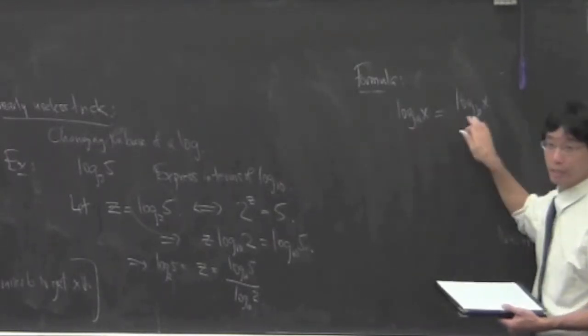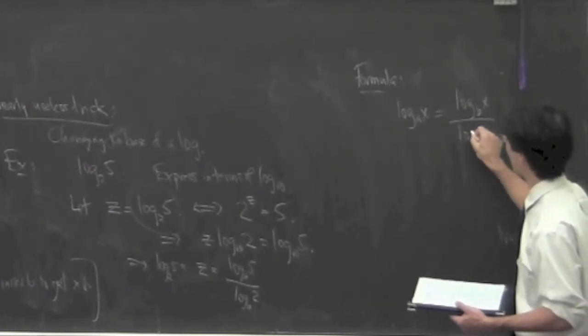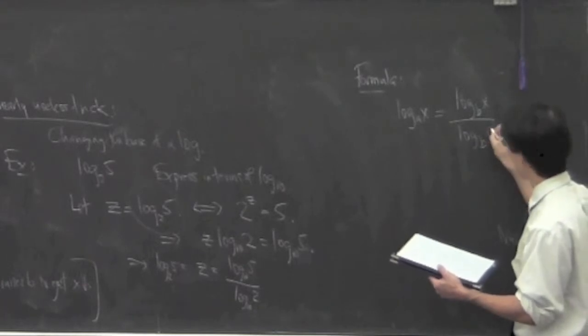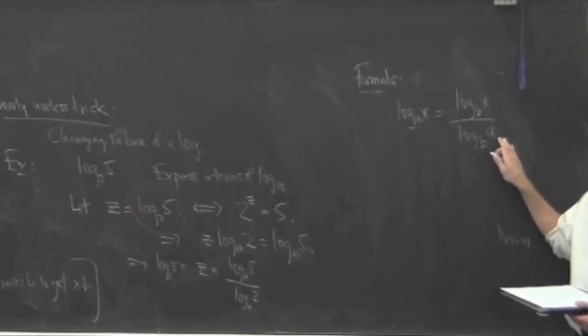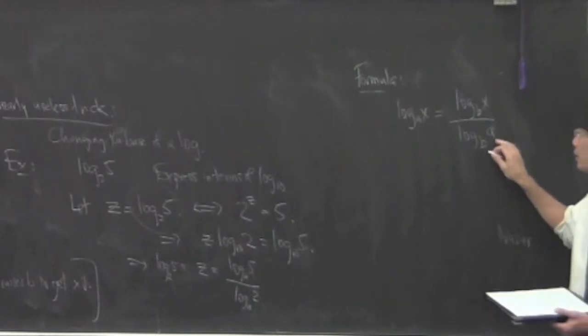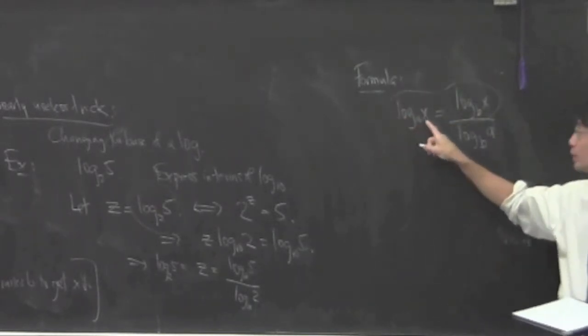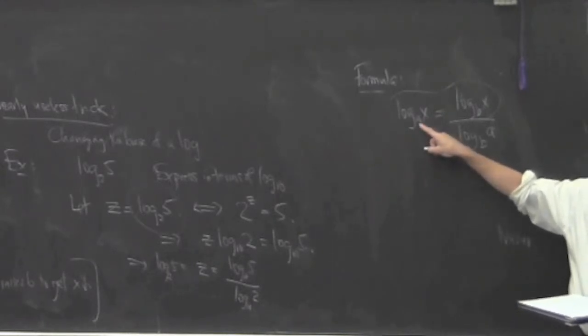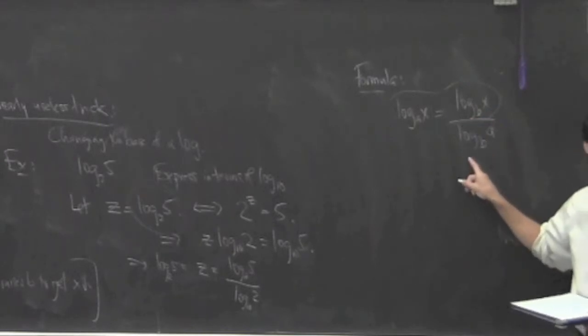Well, you can switch it to the other base, but you have to pay a cost. And that cost is that you have to divide by log base b of a, of your original base. So it looks like you can almost just switch the base. You can, but you have to divide by this factor.